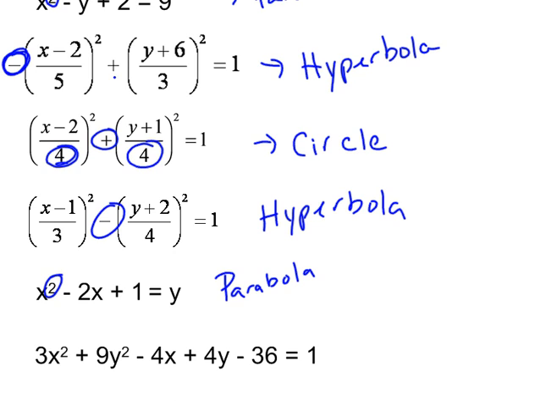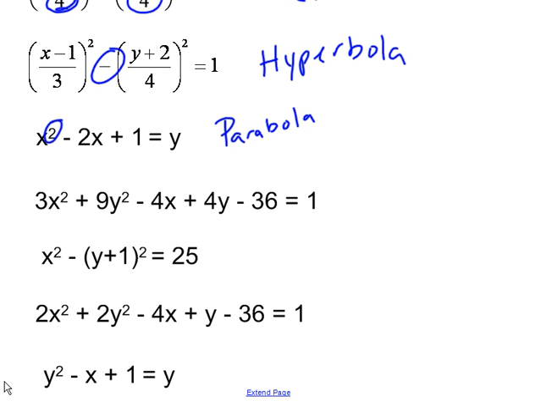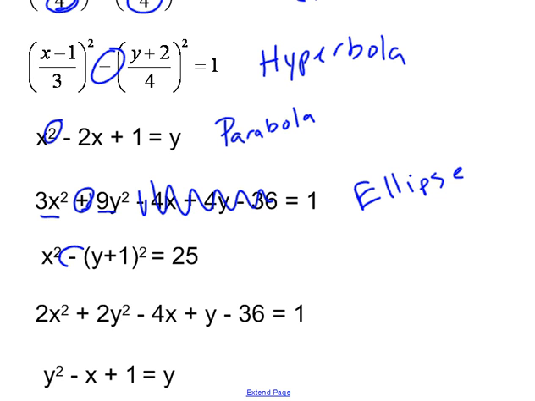Okay, then you see very different looking ones without a whole lot of parentheses, but again, we don't care about any of this other stuff. We look at the x squared and the y squared. They're plus, different coefficients, ellipse. Subtraction sign, hyperbola.